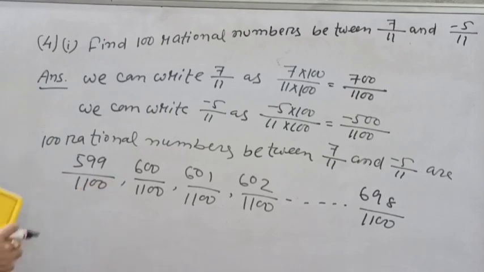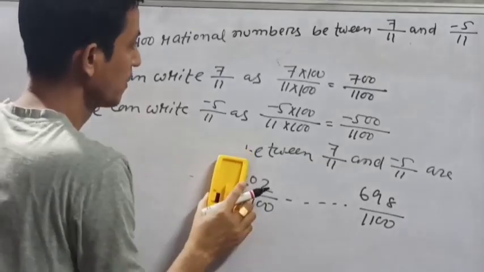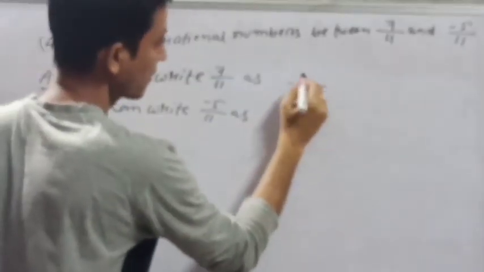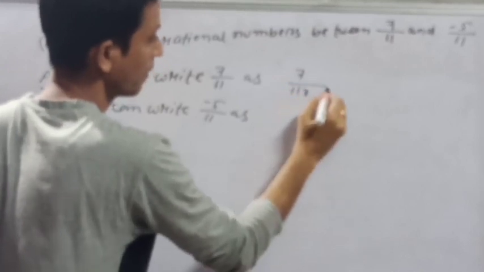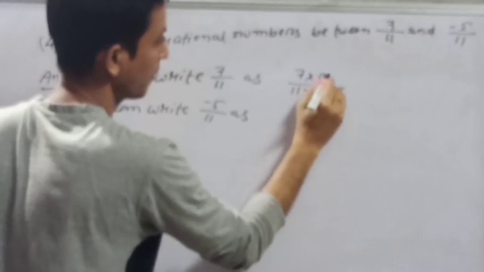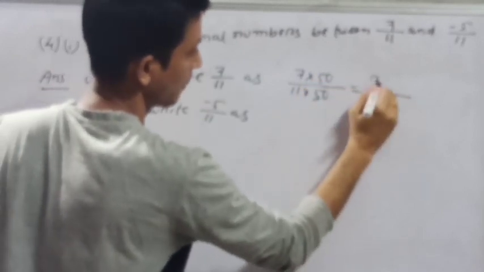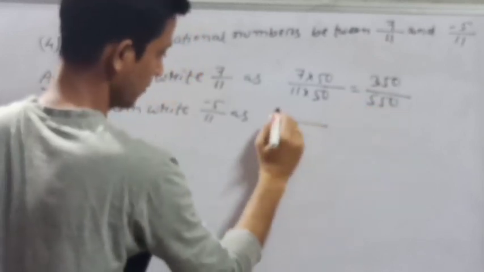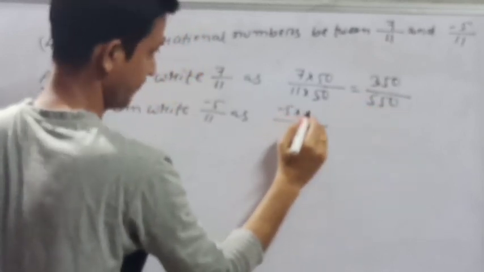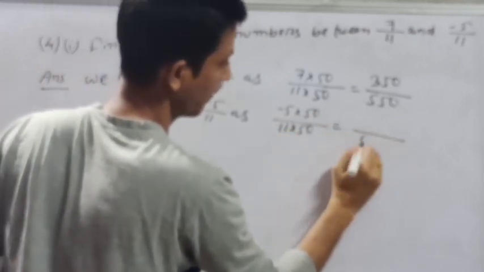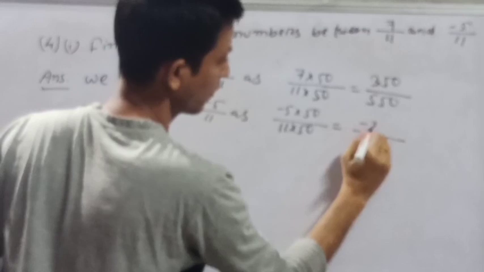Another way we can find this same sum. Look. We can write 7 by 11 multiplied by 50, so 350 by 550, and minus 5 by 11 is minus 250 by 550.